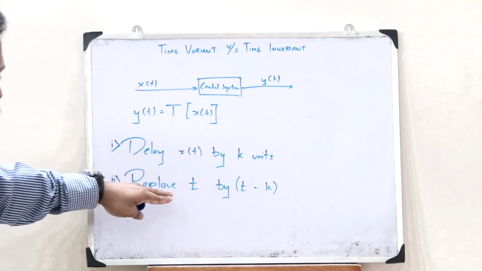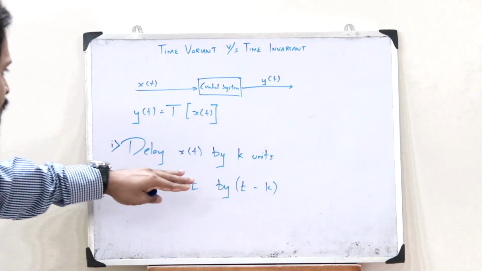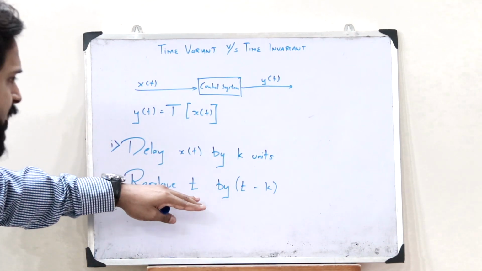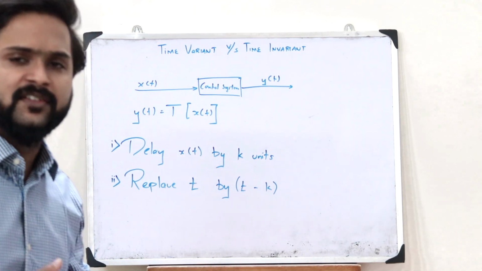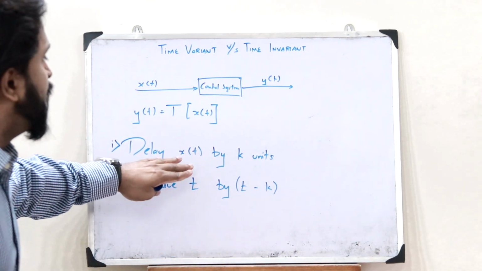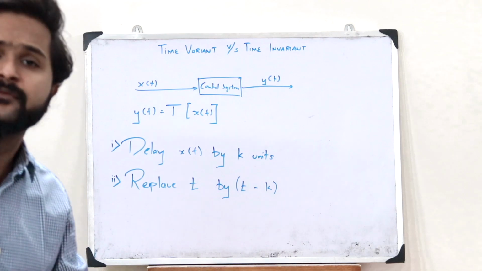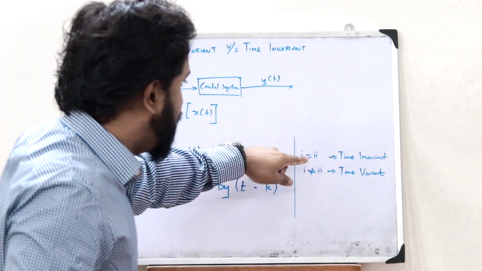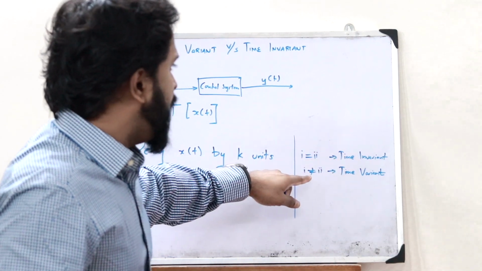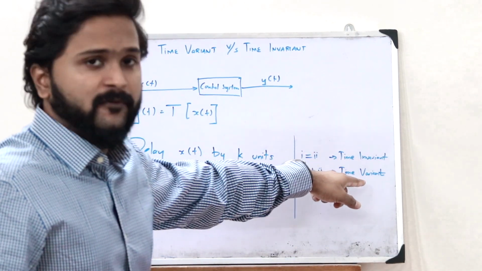So after replacing t by t minus k, if these two are equal, then it is time invariant. That is, it does not vary with time. But if these two are not equal, then we say that it is a time variant system. So if 1 is equal to 2, it is time invariant, and if 1 is not equal to 2, it is time variant.